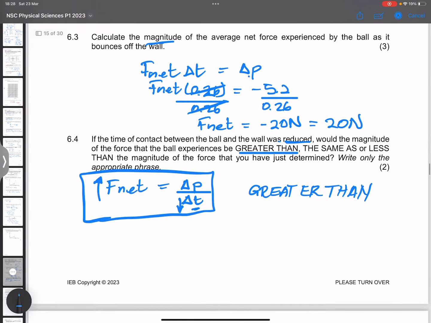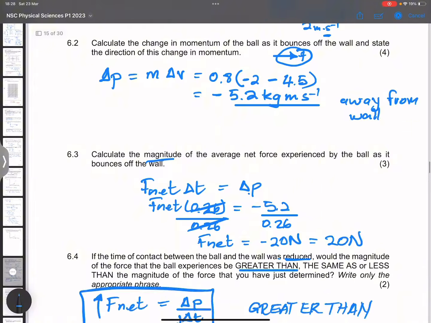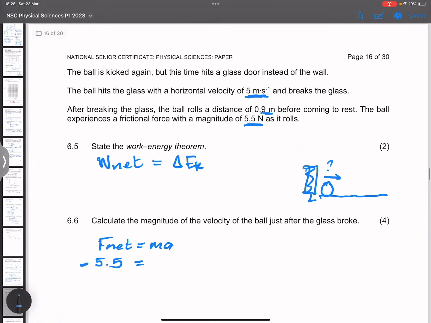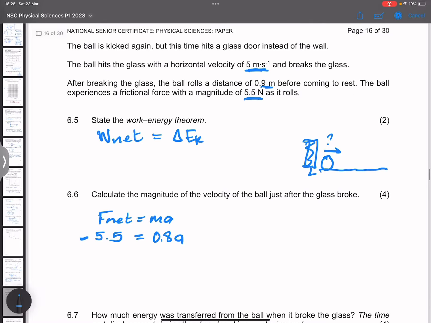What was that mass? 0.8 if I remember. So it would be 0.8 times the acceleration. And so if I divide that by 0.8, okay, so that's 0.8.